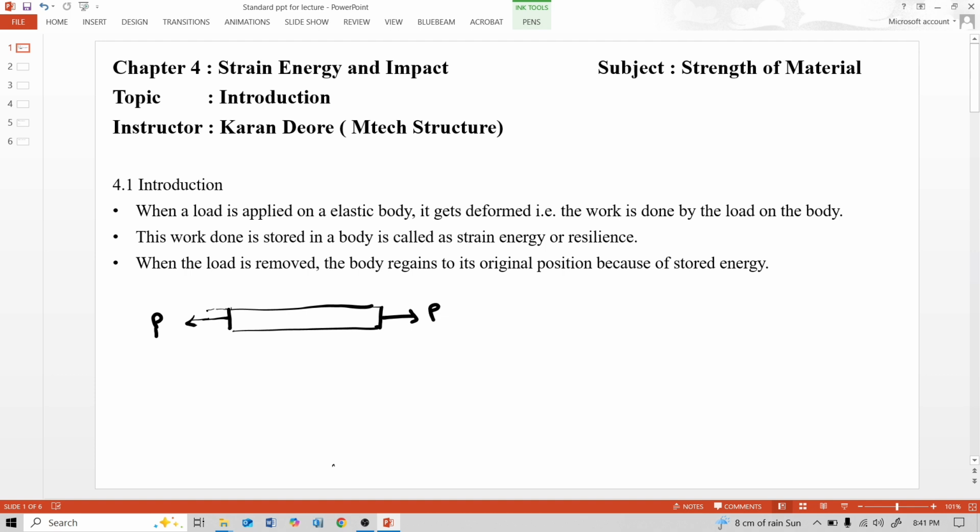See, this dotted portion is the deformation, a change in length that occurs in the body due to this applied tensile force P, and it gets deformed. This is deformation.